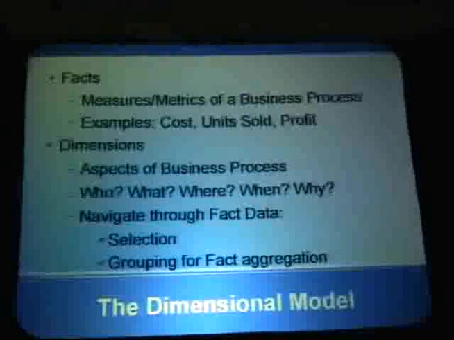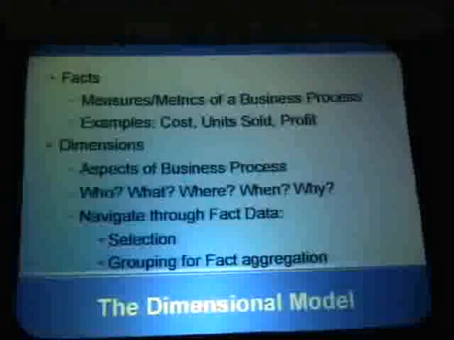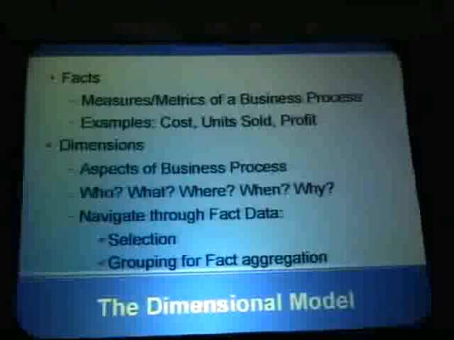So whenever you have some business process and you ask yourself who did it, what happened, where did it happen, when did it happen, those are typical dimensions. You can use those dimensions to slice up the metric data and learn something more about the context in which your business process happens.